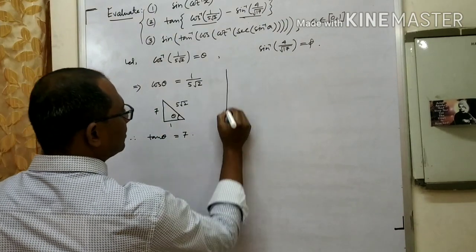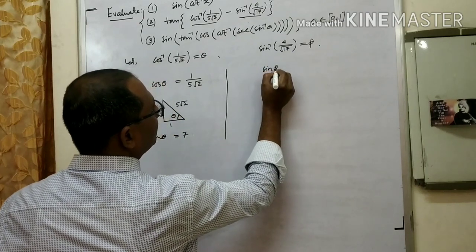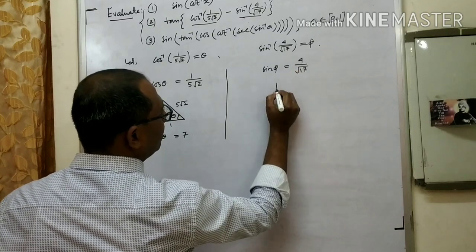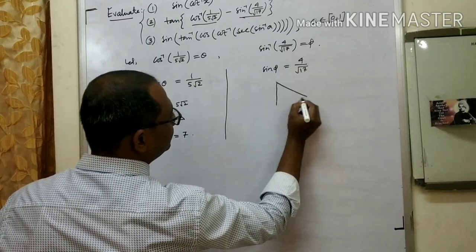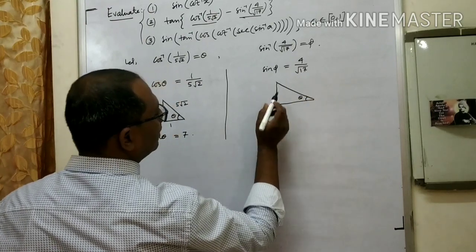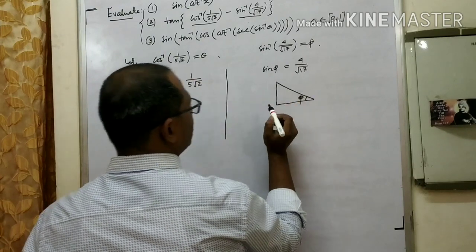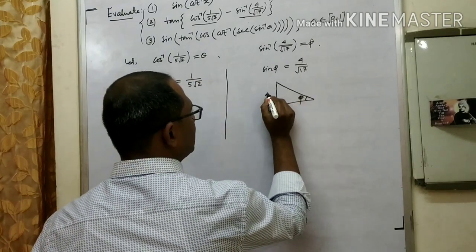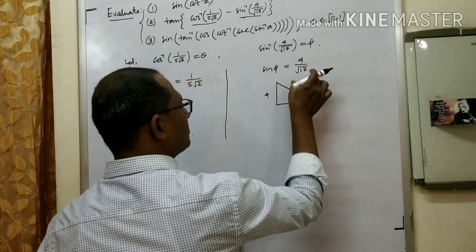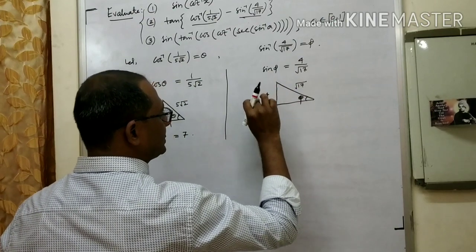So from here also I'll find out tan phi. Sine phi equal to 4 by root 17. I'll make one right angle triangle. Perpendicular is 4, hypotenuse is root 17, so the base is the square root of 17 minus 4 squared, 16, which is 1.